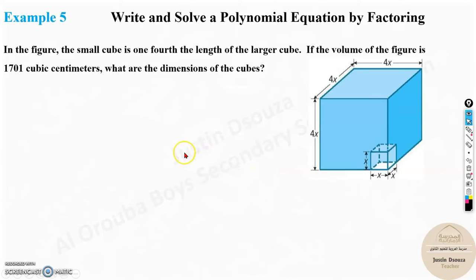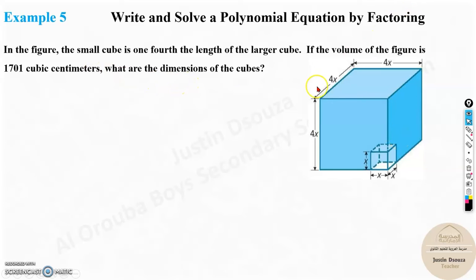Now we will see a real world problem where we need to write and solve the polynomial equation by factoring. They have told in the figure, the small cube is 1/4 the length of the larger cube. If the volume of the figure is 1701 centimeter cube, what are the dimensions of the cube?